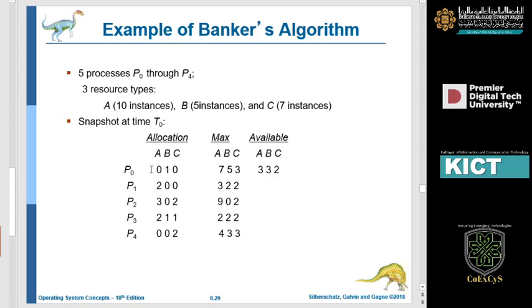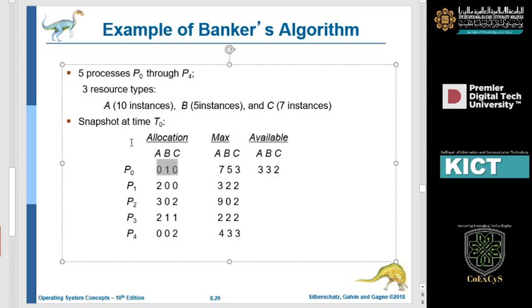Suppose right now, what's allocated is what each process currently holds. P0 holds 0 of A, 1 of B, and 0 of C. Remember, A has 10 instances, but P0 doesn't hold anything of A. It has 1 of B and 0 of C.